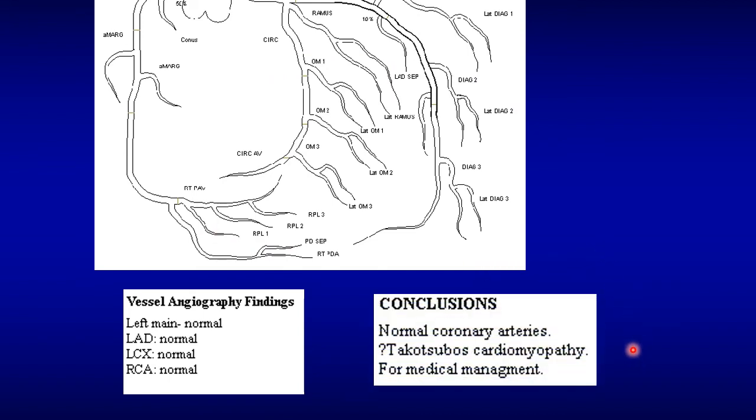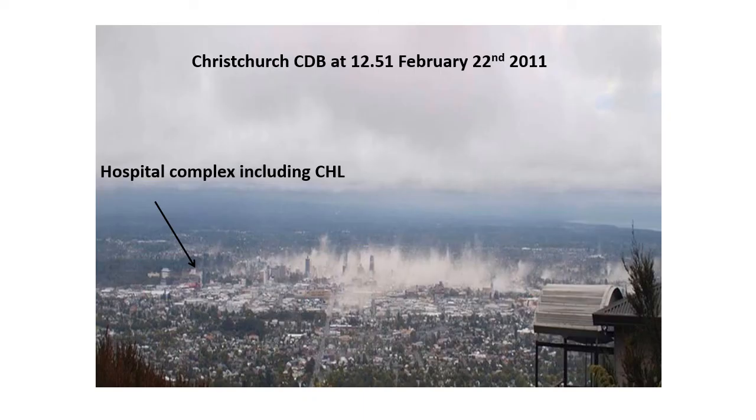And it was questioned whether she may have what's called Takotsubo's cardiomyopathy or stress cardiomyopathy. And the significance of the date that I mentioned earlier is that it was immediately following this very significant event in the history of Christchurch, namely a 6.3 magnitude earthquake that struck on February the 22nd, which was a very stressful event for anybody who was living there at the time.